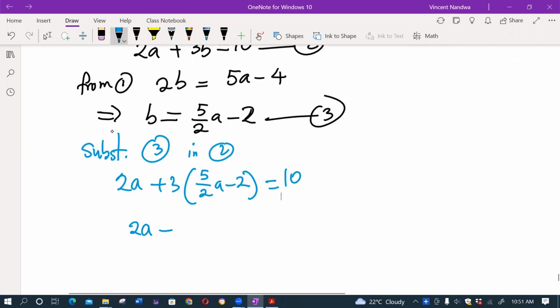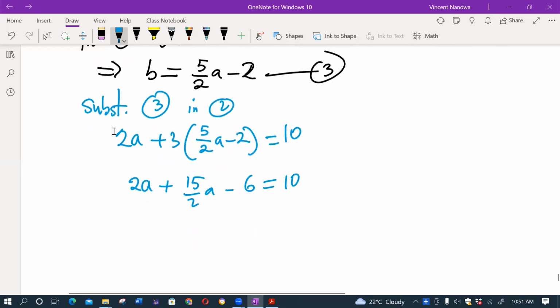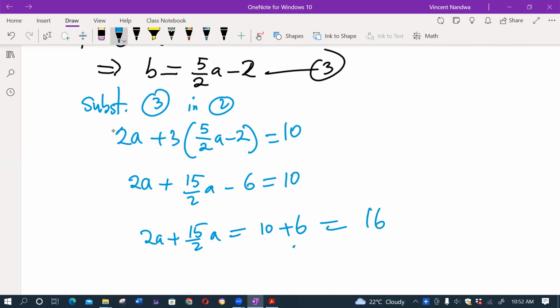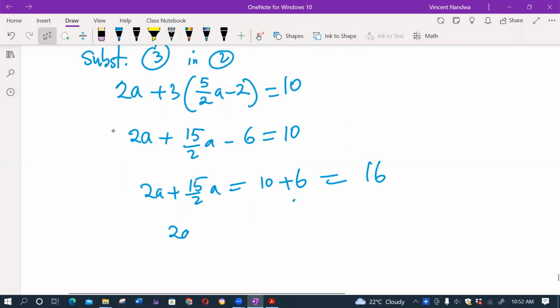So 2a plus 15 over 2 a minus 6 equals 10. So I can actually say 2a plus 15 over 2 a is 10 plus 6, which is 16. So 2a plus 15 over 2 a equals 16. The easiest thing to do is to multiply everything by 2 so that I remove the denominator.